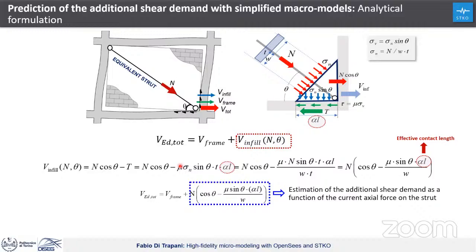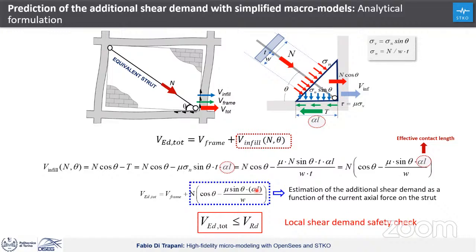For sure, it is related to the original horizontal component, but the horizontal component should be reduced by the frictional forces, and the frictional forces will depend on the contact length. So the major unknown here is the contact length between the infill and the frame.